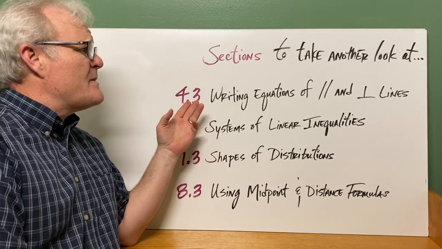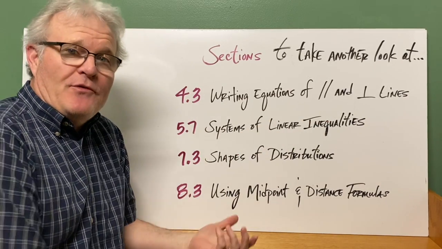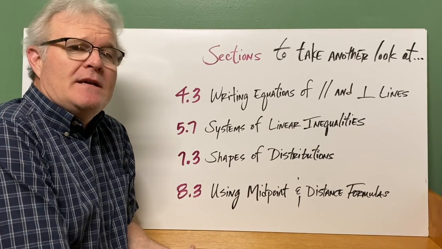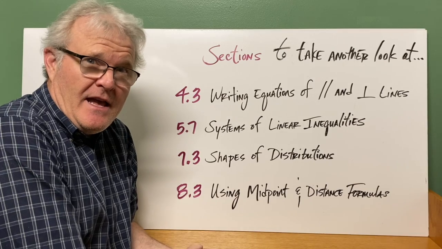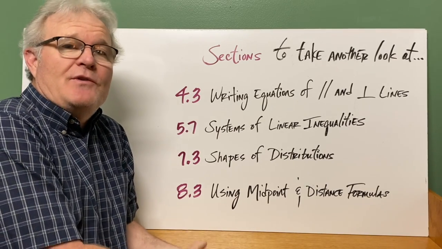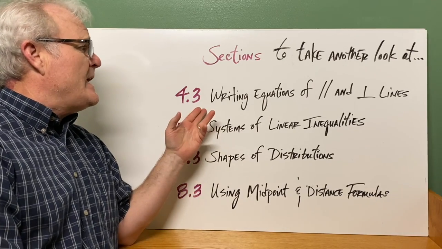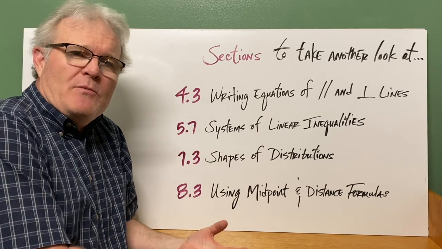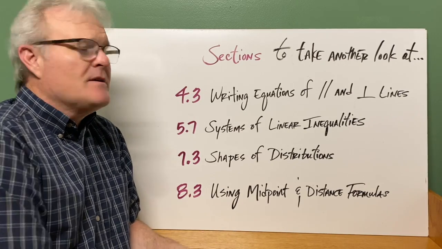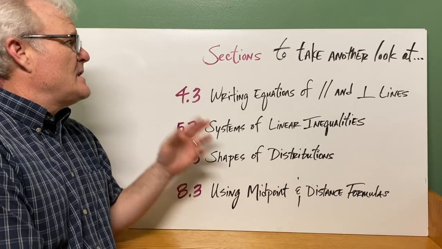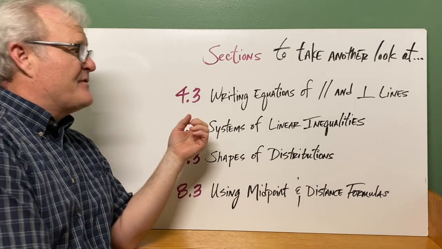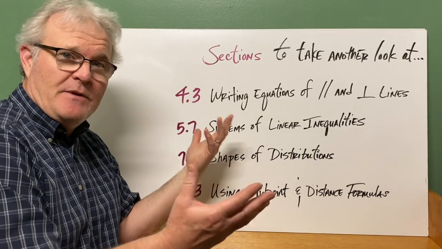Remember, parallel lines have the same slope. Perpendicular lines are 2 lines that form right angles, and you know they're perpendicular if their slopes are opposite reciprocals. And writing equations for those, remember, you could do it in slope-intercept form or in standard form. So 4.3 was a really key section that we just did not have time to get through on the 14 that we did.